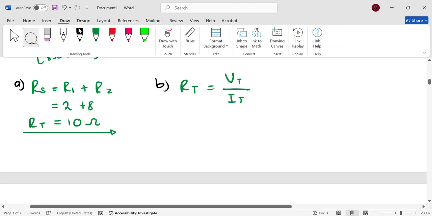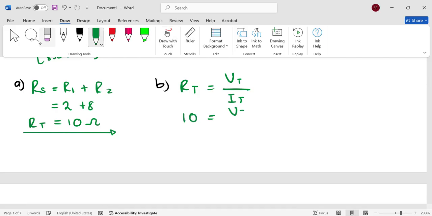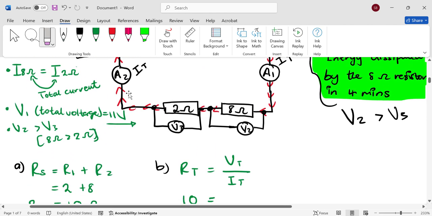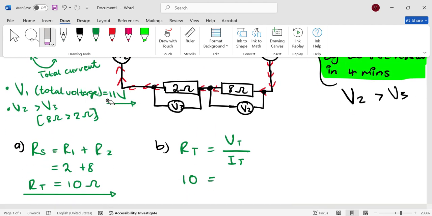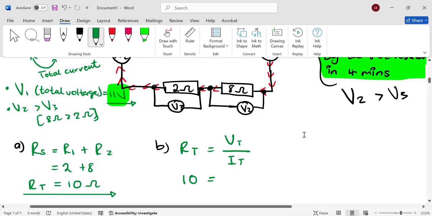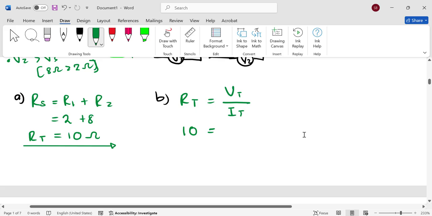So in this particular case, what do I have? My R total was calculated as 10 ohms, and my V total, remember, was 11 volts, right? So now I'm sure that this 11 volts over here is my V total. Why? Because my analysis is helping me conclude.